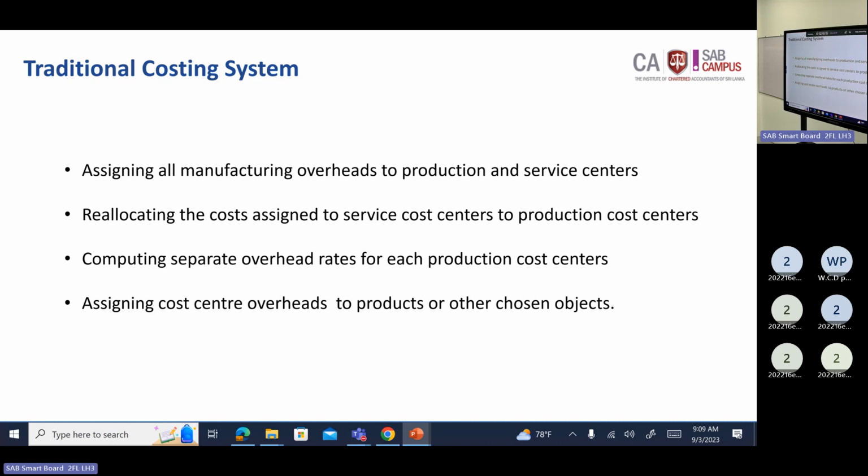There are certain overhead costs we can directly identify in the cost center: factory 1, factory 2, stores, maintenance, right? The employees who work in that particular division, their salary you can identify directly. But some costs are commonly incurred. Then how to allocate?